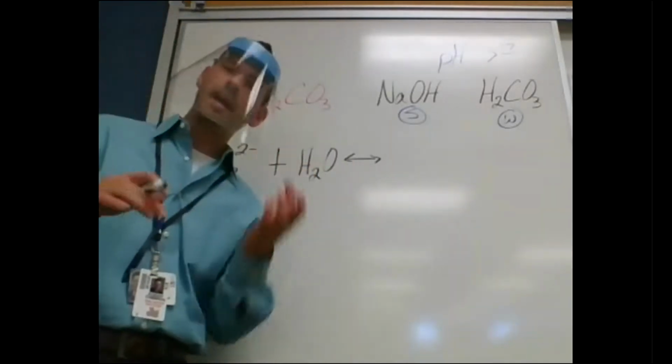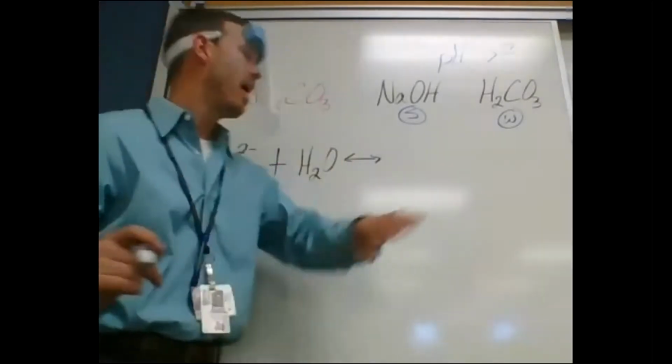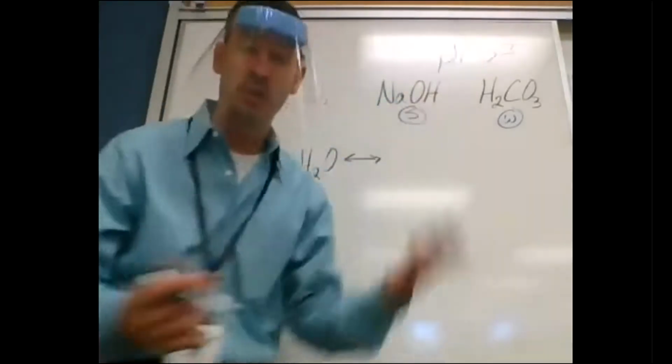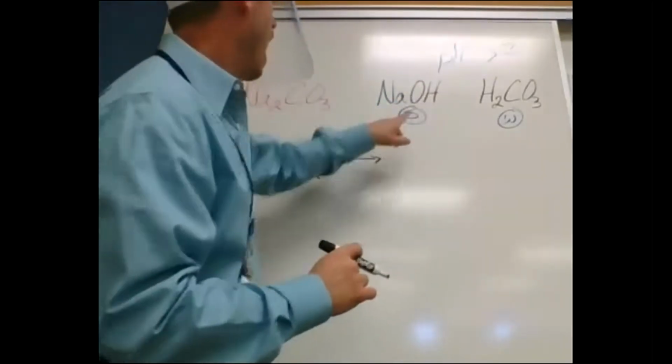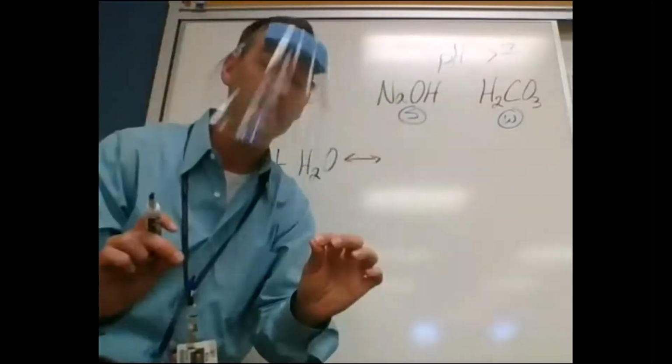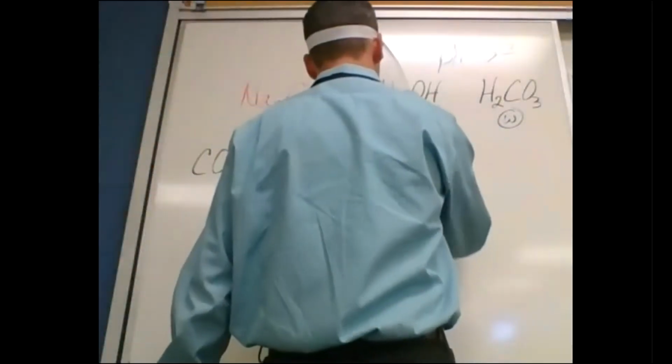The way I think about it, because I've seen y'all get confused here, is I already know that I am building a basic environment because I know my pH range. I know it's above 7. I know that the base won, so what substance should definitely be present as a product here? Hydroxide.